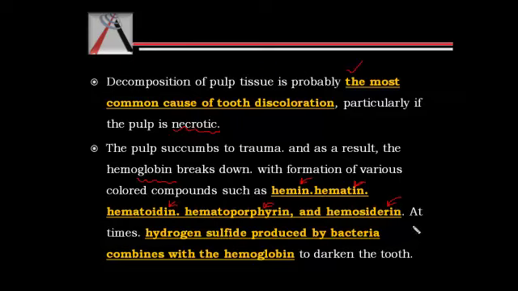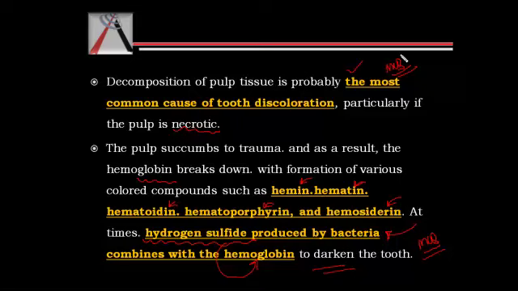Other than that, some of the bacteria produce hydrogen sulfide, and this hydrogen sulfide can combine with hemoglobin to darken the tooth. And this is an important MCQ.